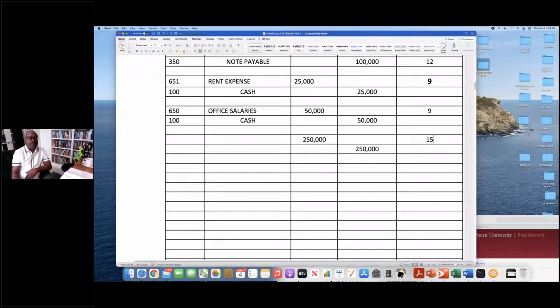And you debit what? You're gonna debit accounts receivable, and you're gonna credit sales. What's the number for accounts receivable? 110 and 500 for sales.